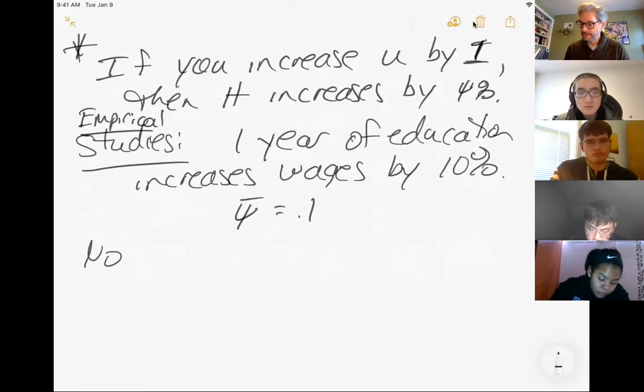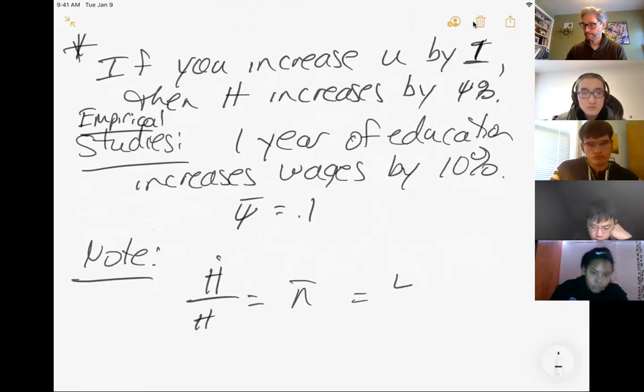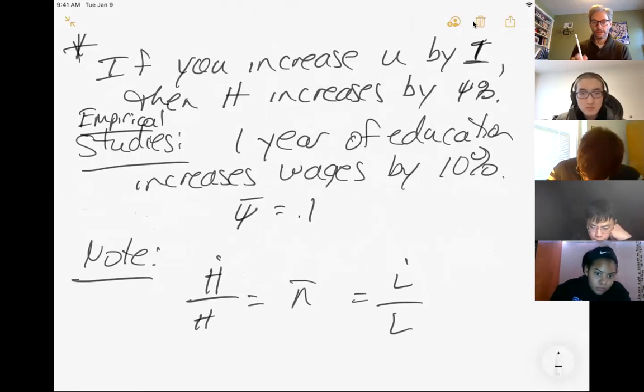Now, I want us to note here, how fast does H grow over time? It grows by the rate of population growth. So human capital over time grows at the rate of population.